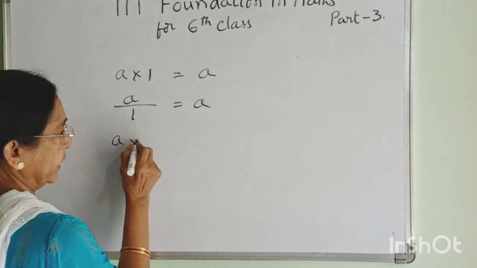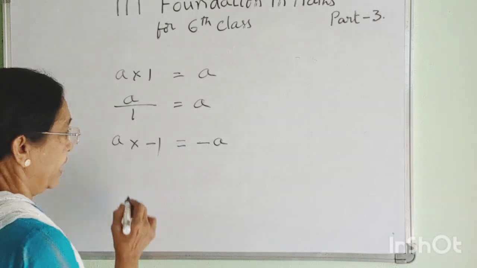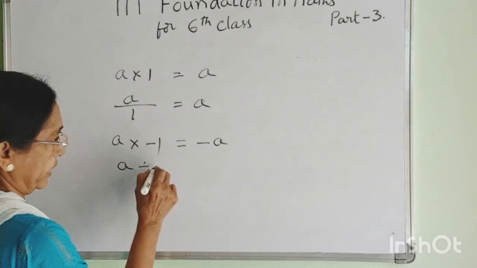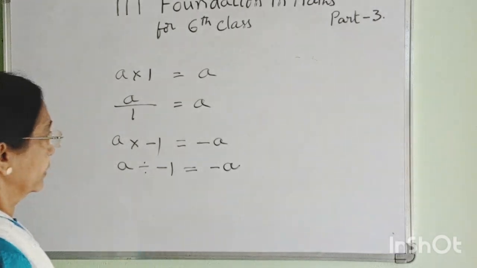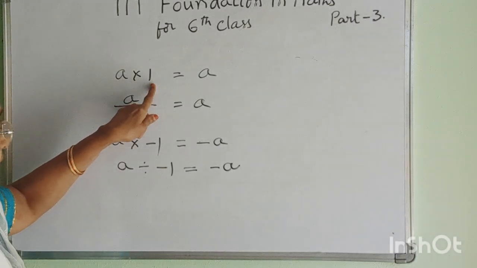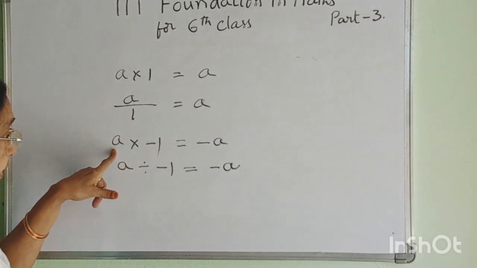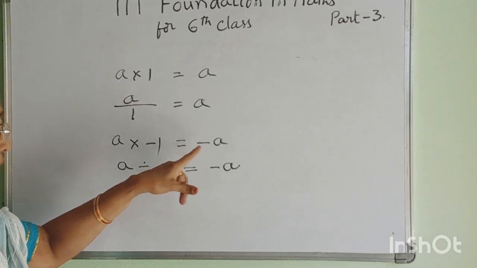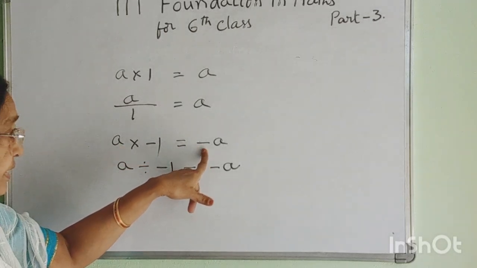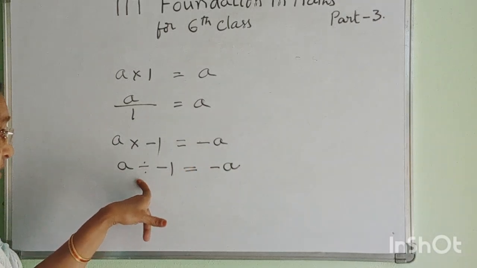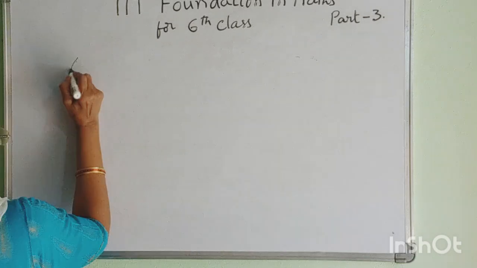When an integer is multiplied by minus 1, the integer becomes negative, minus A. Similarly, in the case of division, A divided by minus 1 is equal to minus A.